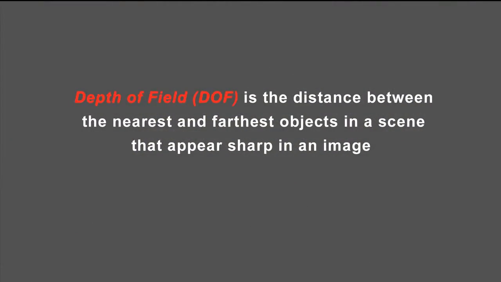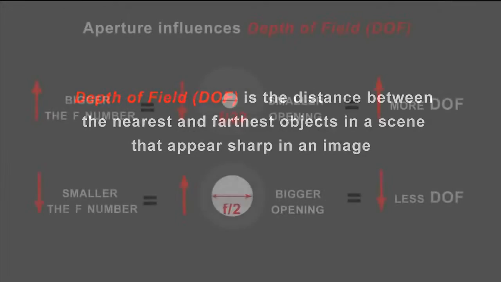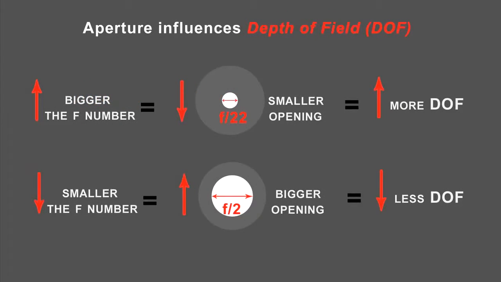F-stop or aperture influences the depth of field. But what does depth of field mean? Depth of field is the distance between the nearest and the furthest object in a scene that appears sharp or is in focus in the image. Everybody should remember this.